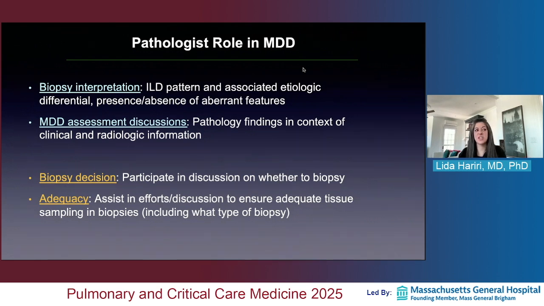In some instances, the answer may be, oh, absolutely, there's no question. In other instances, we may say, that might be a difficult distinction to make with this specific type of biopsy, but if you get that type of biopsy, we may be able to be better. And that way we can really have an open conversation before a biopsy is even undertaken.